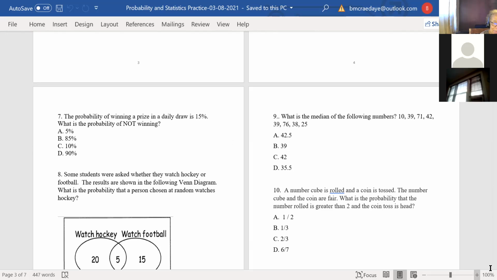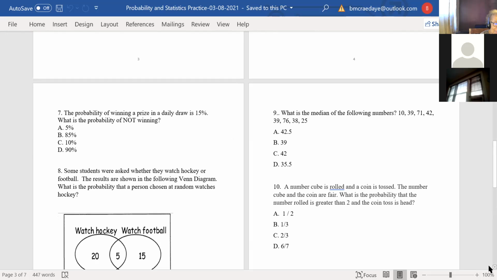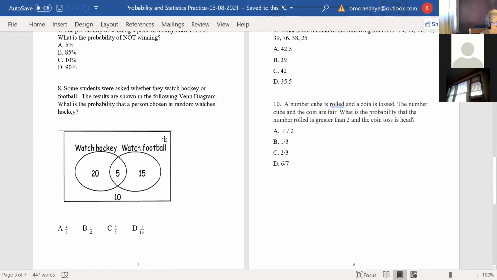Now, the next one is a Venn diagram. You know what we said about Venn diagrams, right? What is the 15 here? What does that represent? The football. That's right, the football. What does the 20 represent? The hockey. What does the 5 represent?